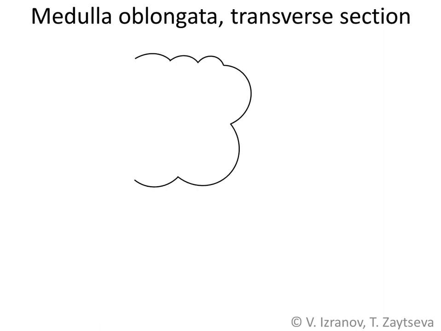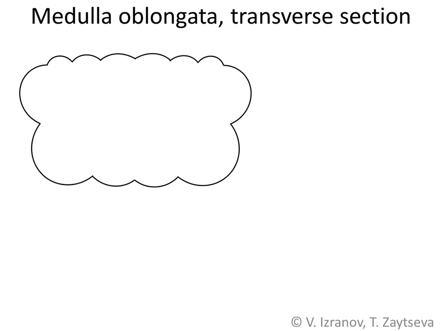It's left part of medulla oblongata and now the right part of medulla oblongata. Each sulcus, each tubercle in this relief has its own name, so we need to know it.